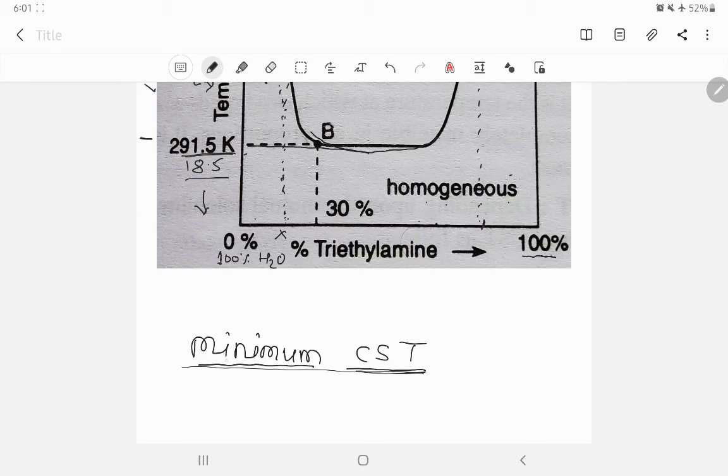Since it is a lower temperature, it is called the minimum CST. Above this temperature they become partially miscible, and below this temperature they are completely miscible. That's why it is also known as the minimum CST type of liquid mixtures, because mutual solubility goes on decreasing on increasing temperature. Got it? Now we will see the third type of liquid pairs.